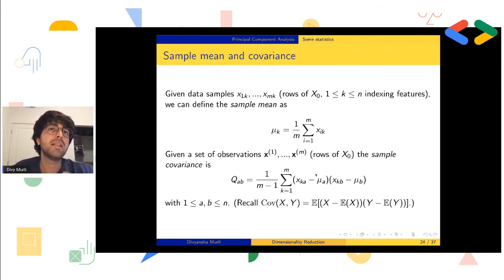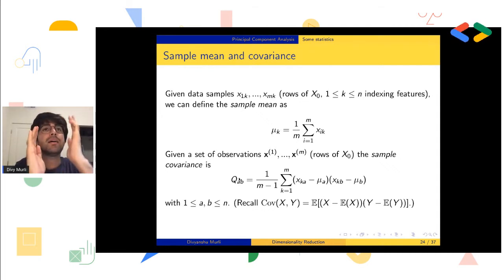This Q_AB is an estimate of what's called the true covariance, and this here is an estimate of the true mean, because we're taking the mean from a set of samples. The bias of an estimator is how far it is from the true quantity. If the mean of the estimator is the true quantity, then that estimator is said to be unbiased.